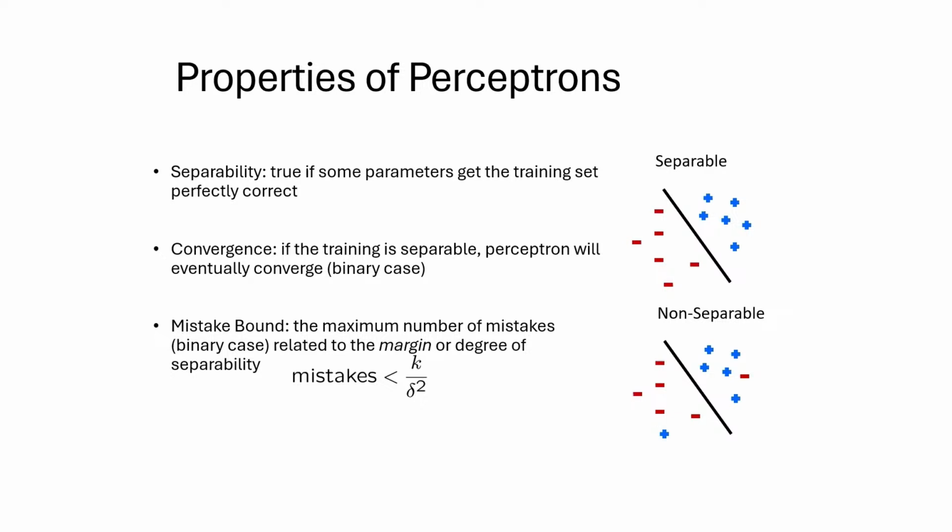Mistake bound: the maximum number of mistakes in terms of binary things, here 0, 1. We have two classes. It is related to the margin or degree of separability. So we try to minimize this linear function in terms of distances of these two elements. So we try to adjust the weights just to have minimum distance between the negative value and the positive one.